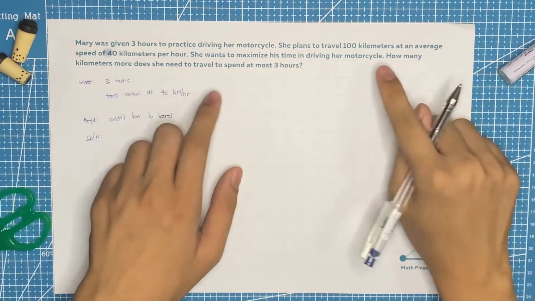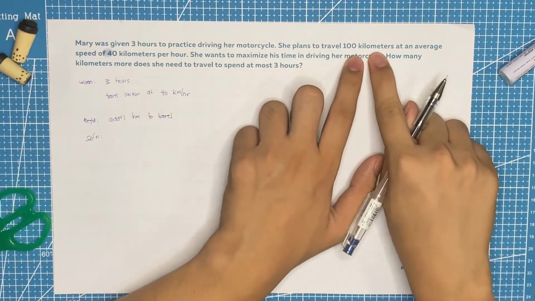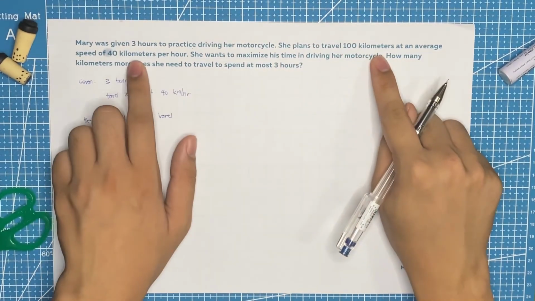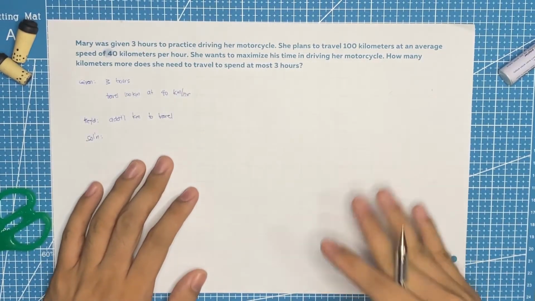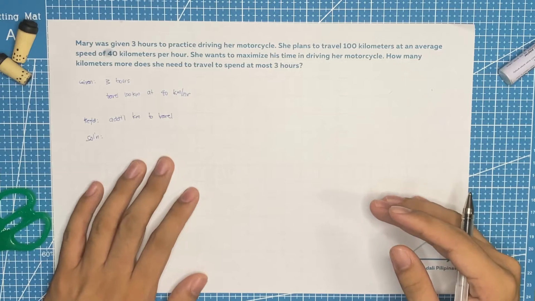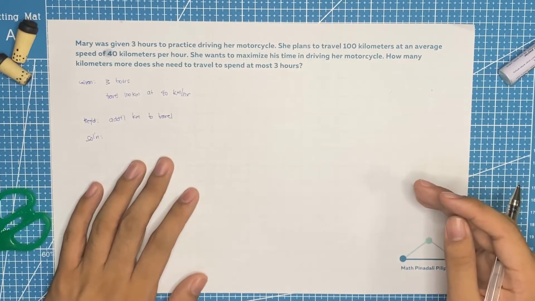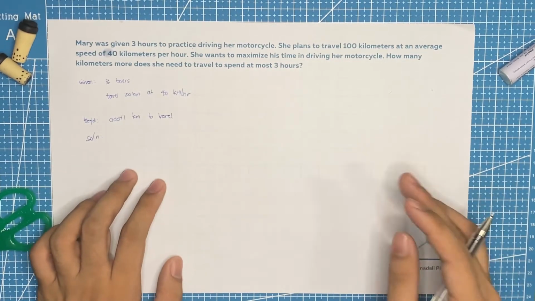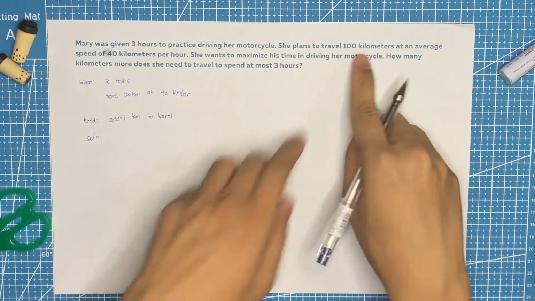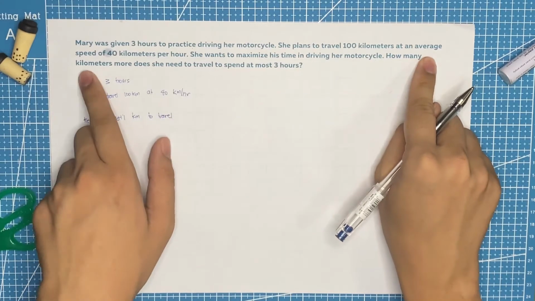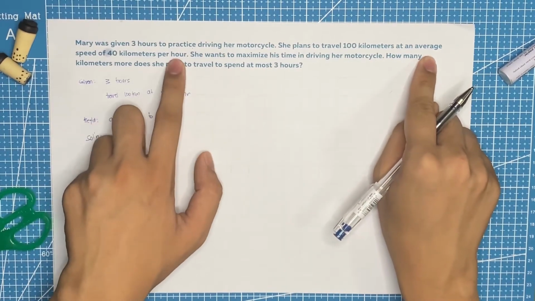Ayan. So, for our solution, since this problem, nakita natin na meron tayong distance in terms of kilometer, meron tayong speed, meron tayong time. So, gagamitin natin for this problem would be the distance formula. She plans to travel 100 kilometers at an average speed of 40 kilometers per hour.